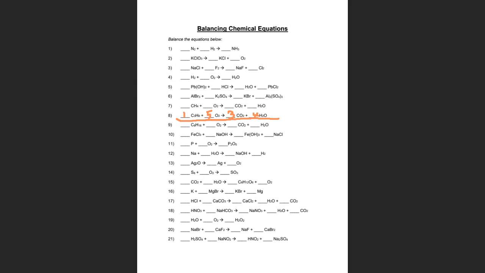So it is suggested in this particular case that we should start with the hydrogen, because we have 8 hydrogen here and on the right side we have only 2 hydrogen, correct? So when we multiply with the 4 in front of water, we find 8 hydrogen and it's balanced. Second option, you can choose oxygen, but if you choose oxygen, we also have to consider carbon, because we have 3 carbon on the left side but 1 on the right side.